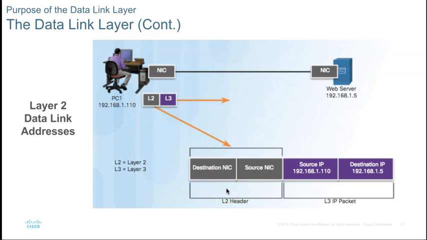It is crucial to understand that in a local area network, computers or end devices use MAC addresses to find each other and to communicate with each other. A switch in any given network uses the MAC address table to forward packets from point A to point B. So it is at layer 2 that the MAC addresses are added.